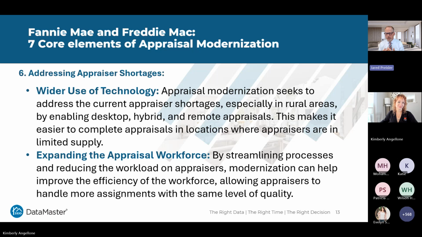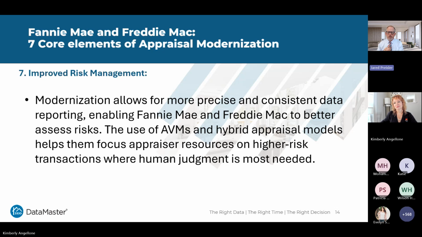And lastly, number 7, one of their goals was to improve risk management overall. Modernization allows for more precise and consistent data reporting, enabling Fannie and Freddie to get better at assessing risk.